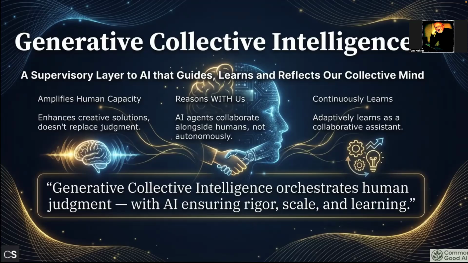But it's a bit more than just that alone. It actually is a marriage of thoughts in collective intelligence with adaptive learning. So again, it's about orchestrating human judgment with AI, ensuring rigor, scale, and learning.